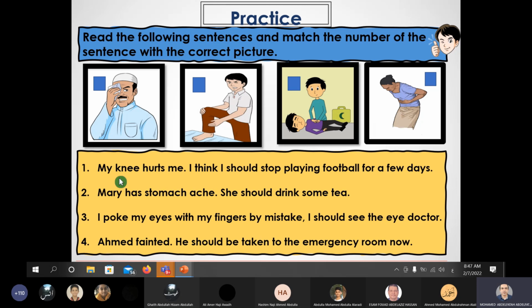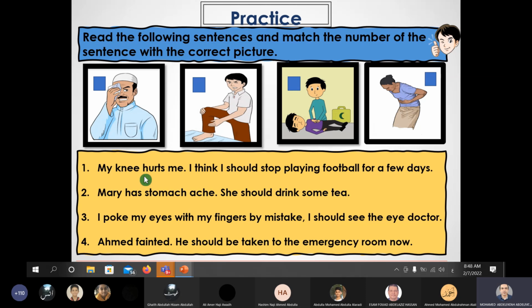Khalid, you will read the sentences one by one, and the rest of the class, your colleagues, will tell what is the correct picture. Are you ready, Khalid? Yes, teacher. Students, are you ready? Yes.